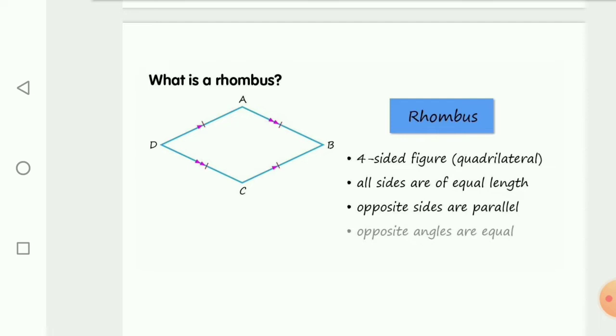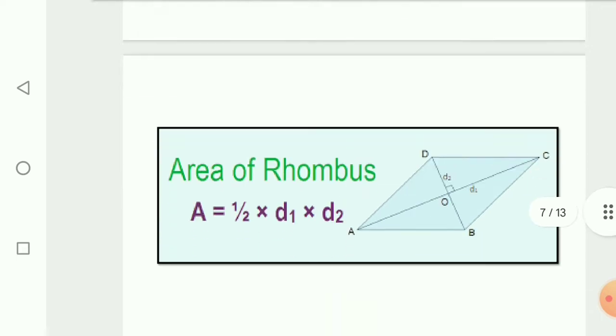All sides of a rhombus are of equal measurement, same like square. Then what is the difference between square and a rhombus? The difference is nothing but angle. The angles of a square are all 90 degrees. The angles of a rhombus can be less than 90 or more than 90, but not 90 degrees.